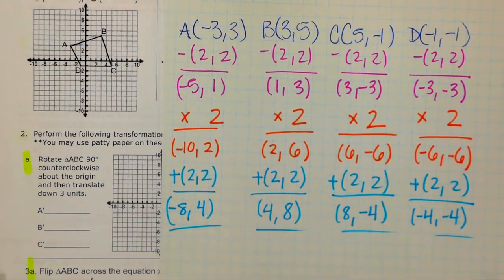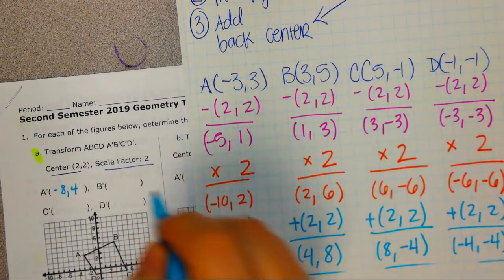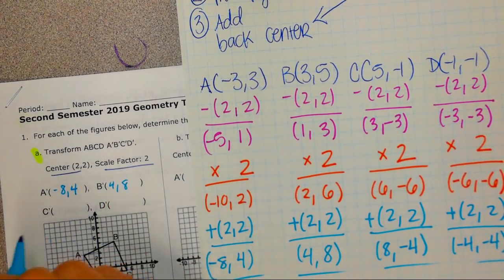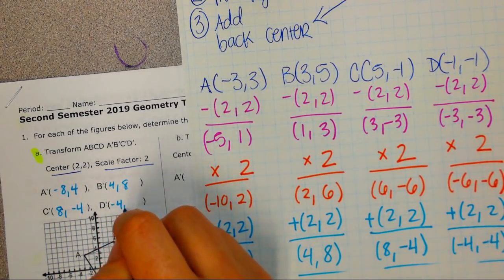Okay. All right. So plotting that, we've got -8, 4. 4, 8. 8, -4. -4, -4.